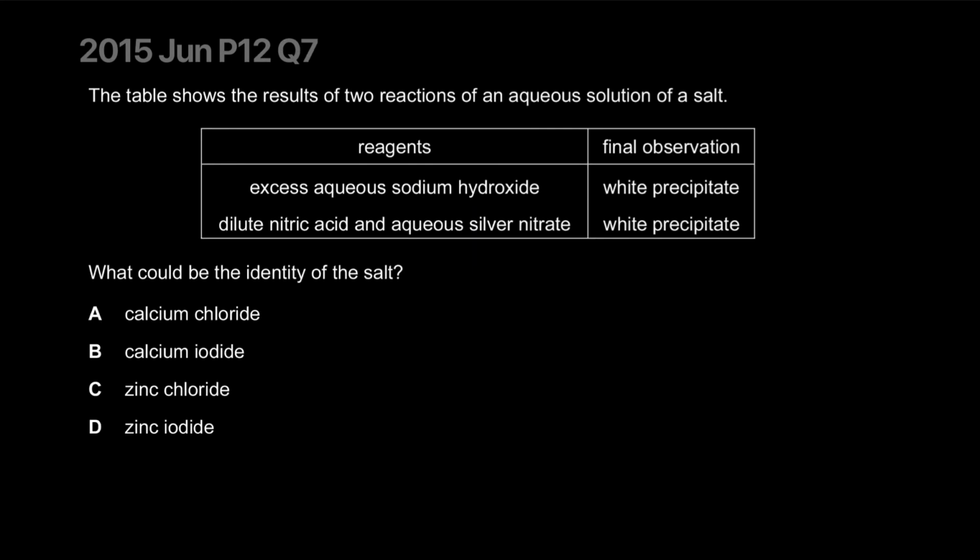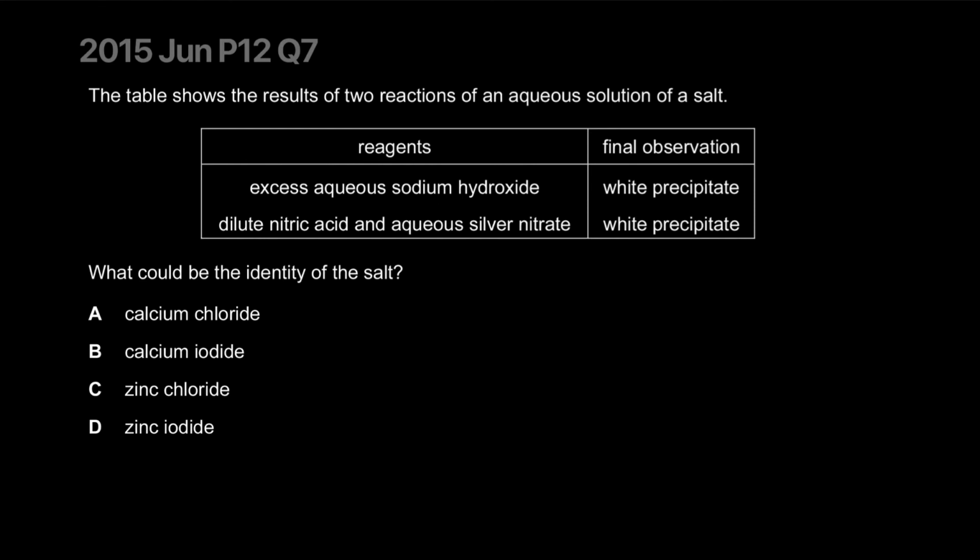The table shows the results of two reactions of an aqueous solution of a salt. You have sodium hydroxide, where a white precipitate is formed, and dilute nitric acid and aqueous silver nitrate, where a white precipitate is formed. So you have two sets of ions: calcium and zinc as your positive ions, and iodide and chloride as your negative ions. The first one is actually testing the calcium and the zinc, right?